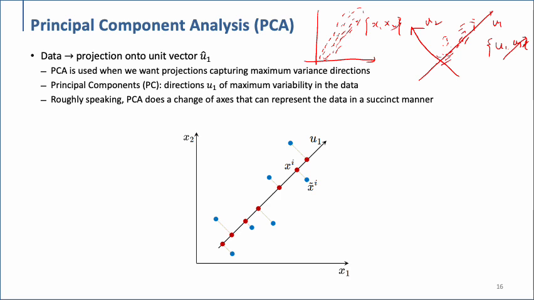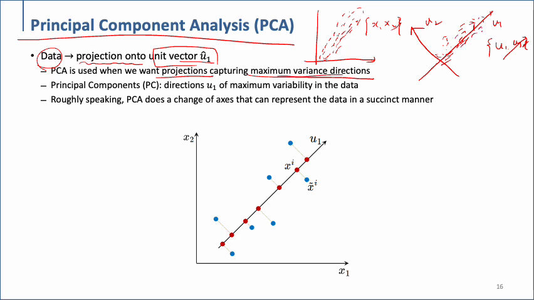So that is the key idea of principal component analysis. From now on, I'm going to call it PCA. So for given data, we need to calculate the projection onto a unit vector. PCA is used when we want projections capturing maximum variance directions. Here, the maximum variance direction would be u1.